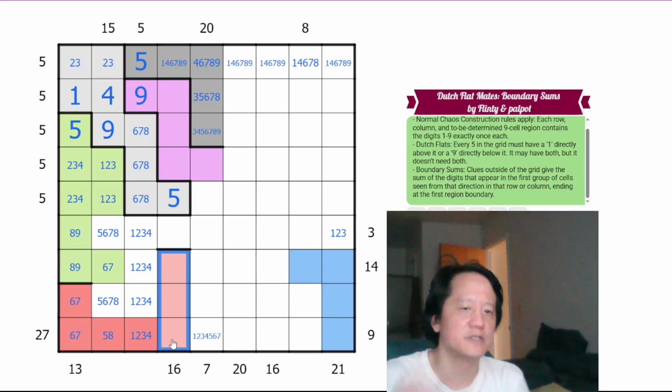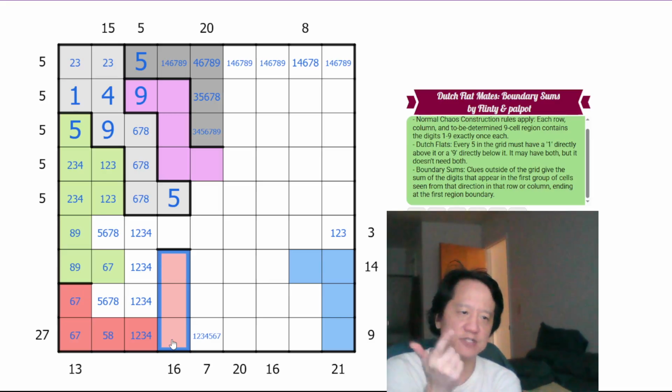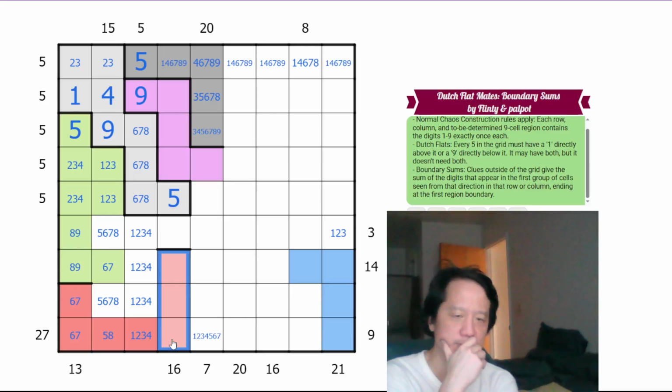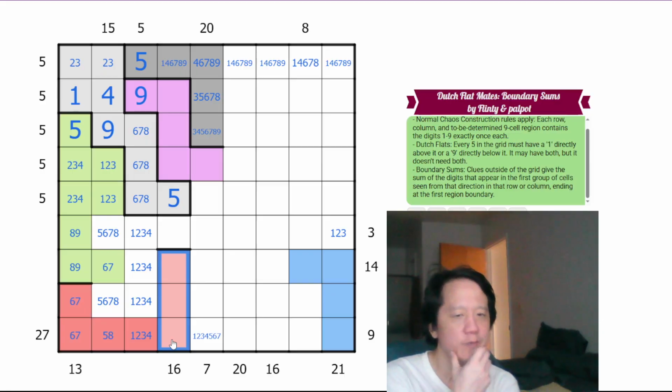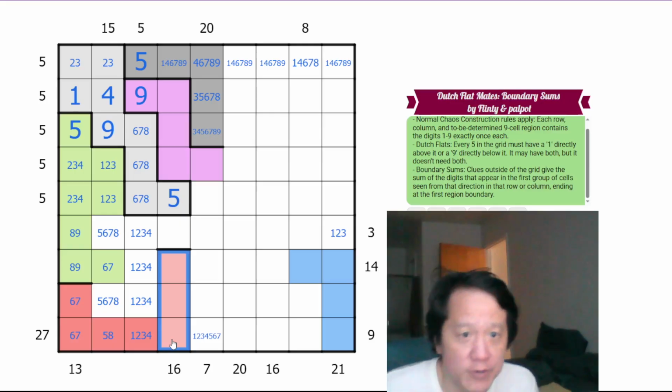This adds up to 16 without 5, 6, and 7 available. Well, you can't have 8 and 9 there. But you have to have 1 out of 8 or 9 there.